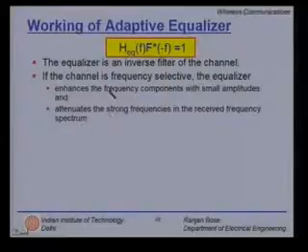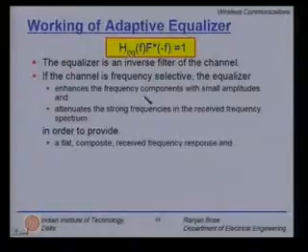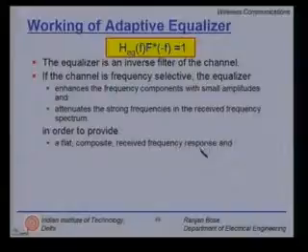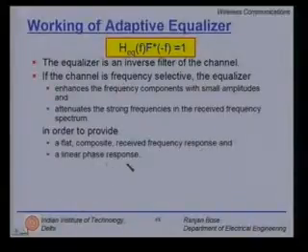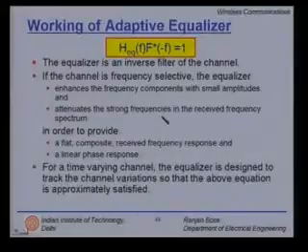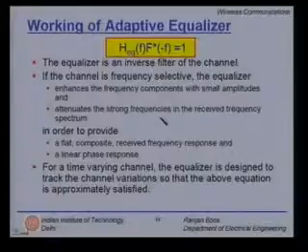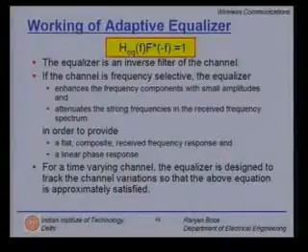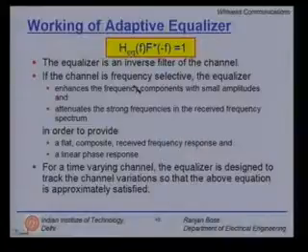So, it reverses whatever is done by the channel, and this is done in order to provide a flat composite received frequency response as well as a linear phase response. Now, mobile channels are time varying. So, for a time varying channel, the equalizer is designed to track the channel variations, so that the above equation given here in frequency domain is approximately satisfied.